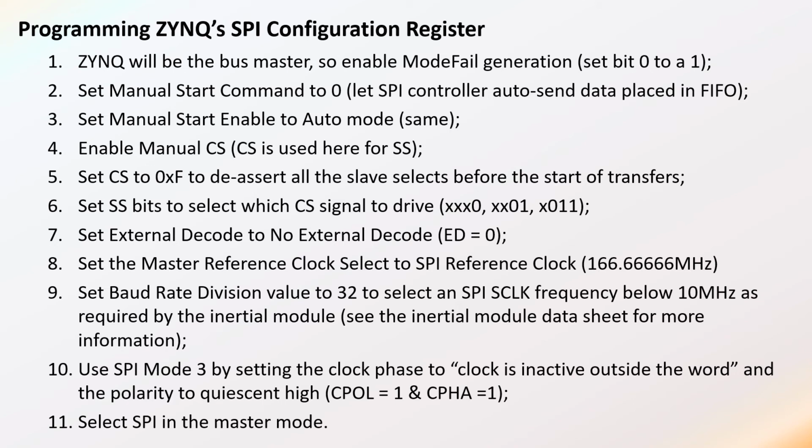And then that device, the nav chip, is defined to use SPI mode 3. So we're going to set the clock polarity to 1 and the clock phase to 1 to select mode 3. And finally, make sure it's in master mode. So those are just the bits in the control register, and I talk more about that in Project 6 as well.